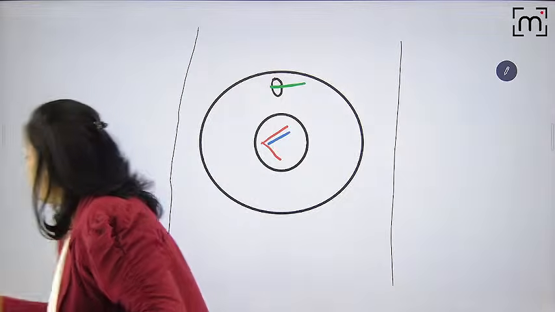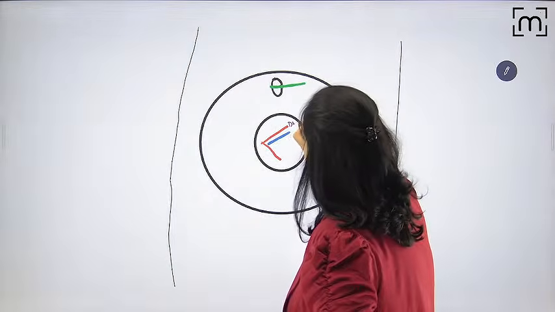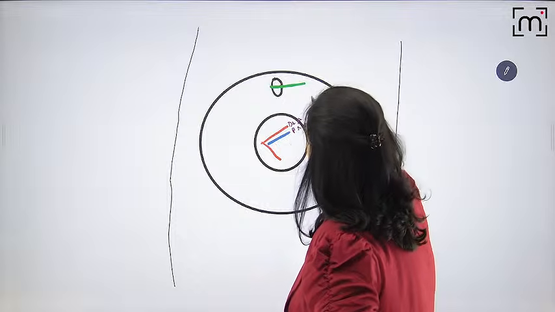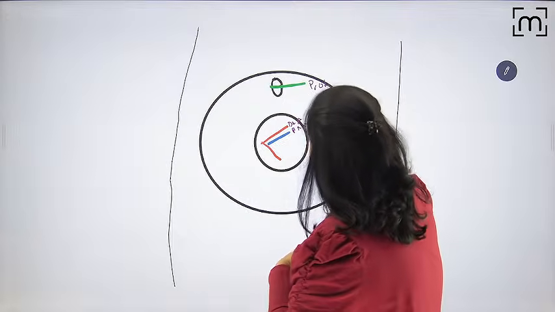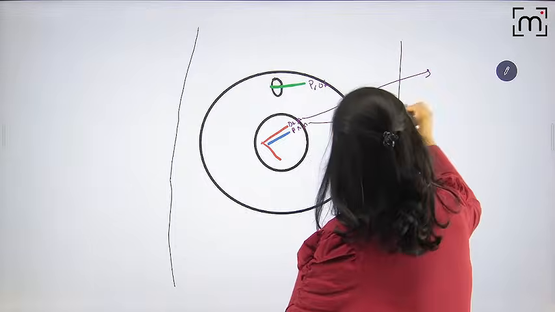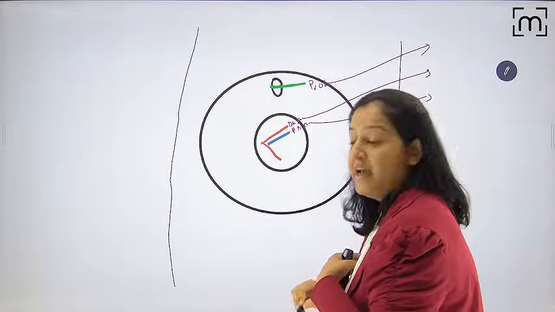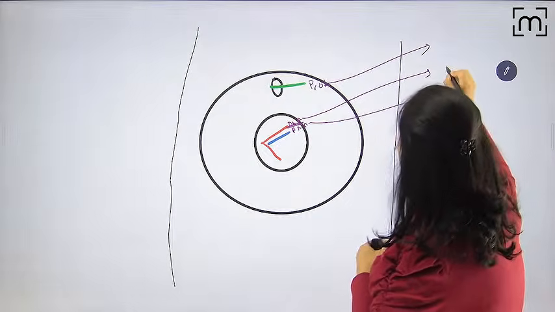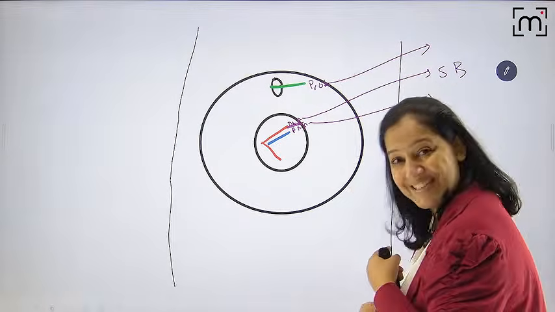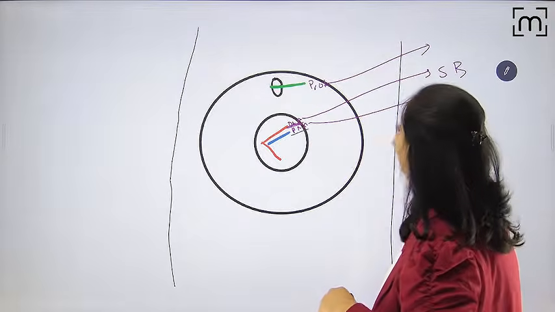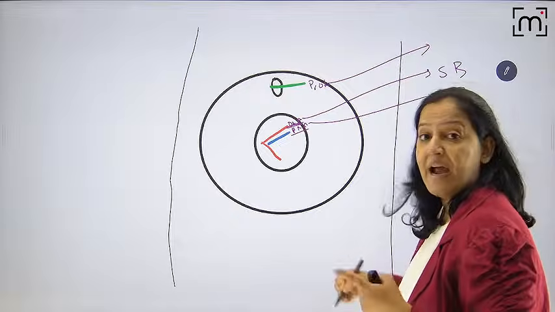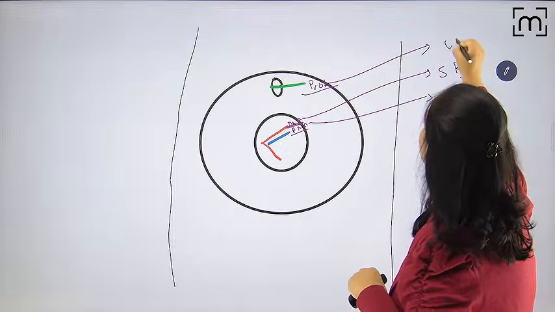This is unique DNA, this is unique RNA, and this is unique protein. It's my choice: if I check unique DNA, it is known as Southern blot. If I check unique RNA, it is Northern blot. And if I check unique protein, it is Western blot.